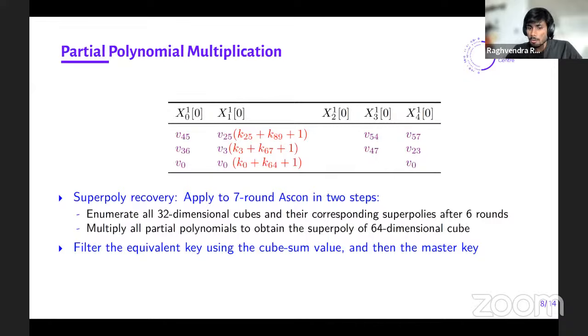Now we multiply all these superpolies of the 32-dimensional cubes to recover the superpoly of the 64-dimensional cube. Once the superpoly is recovered, since we know it depends on 64 equivalent key bits, we can recover the equivalent key by knowing the value of the cube sum. After recovering the equivalent key bits, we can search for the master key, which has only 64 bits of entropy.